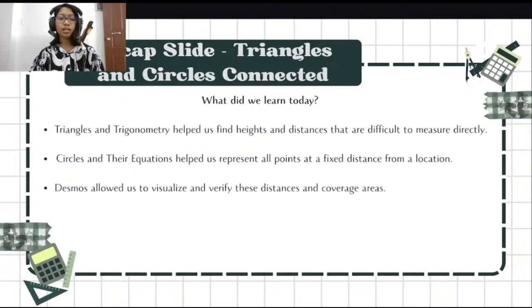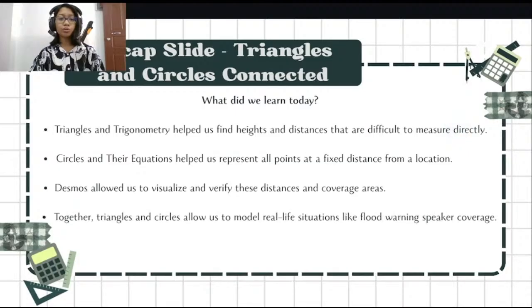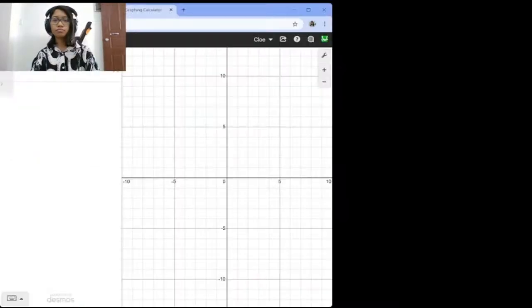And Desmos allowed us to see this mathematically and visually. That's how mathematics helps solve real community problems like planning flood warnings for our barangays. Now that we're ready, let's move on to our Math IPBA.